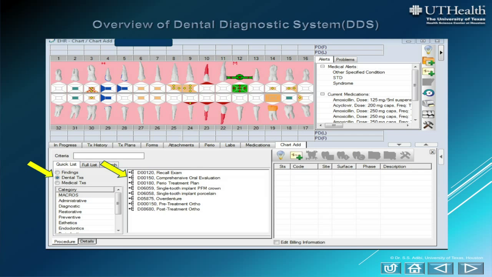Then you will have to select the dental treatment mode. To plan a procedure code, you most likely start with the code D0150, here with description of comprehensive oral evaluation.